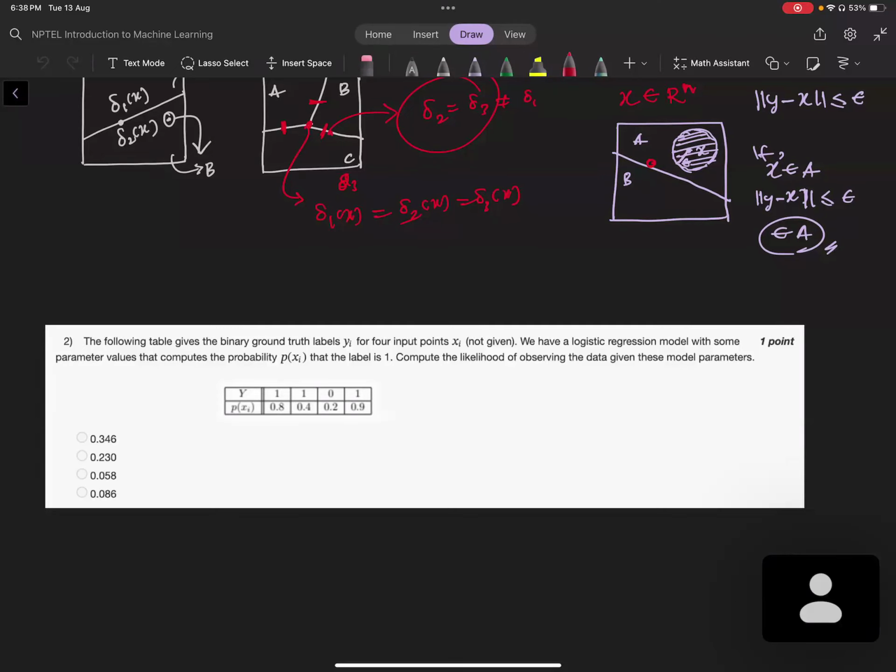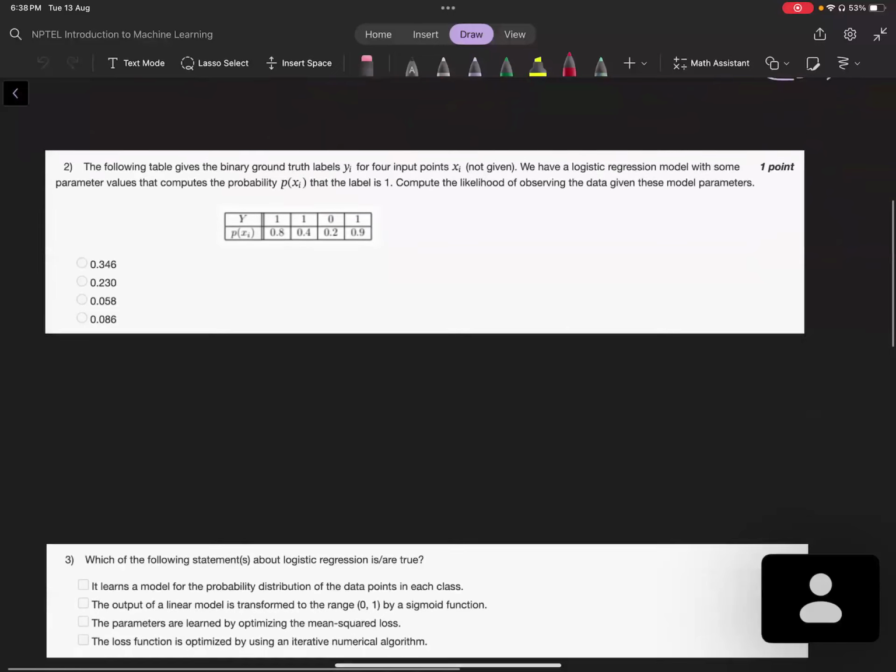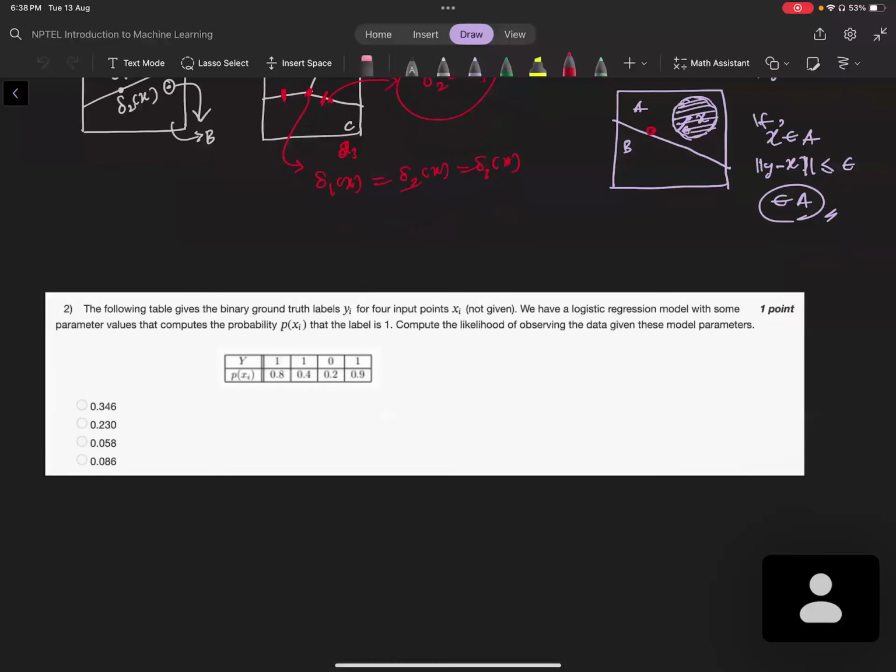Okay, not given. We have a logistic regression model with some parameter values that computes the probability p_i, that the label is 1. Compute the probability p(x_i) that the label is 1. Compute the likelihood of observing the data given these model parameters.